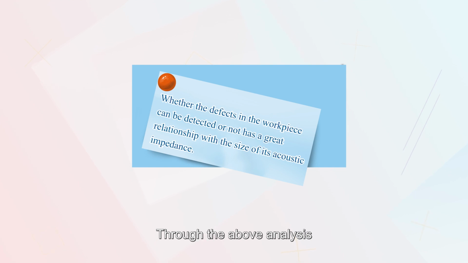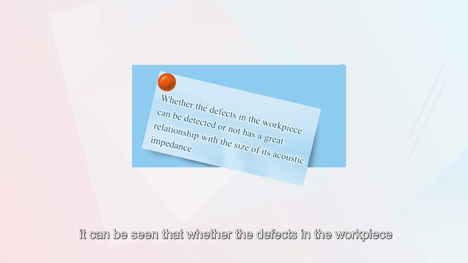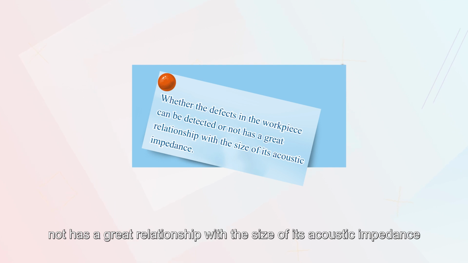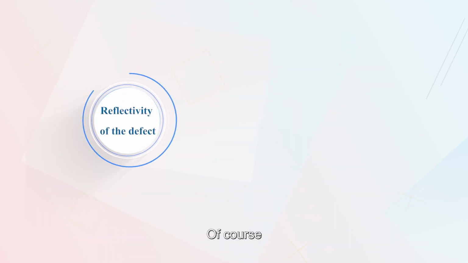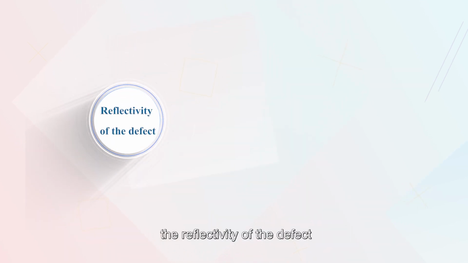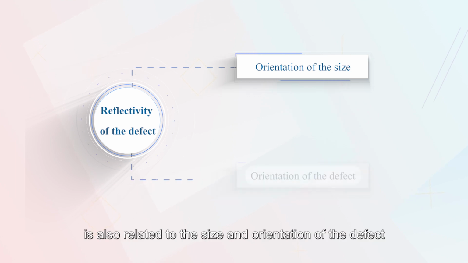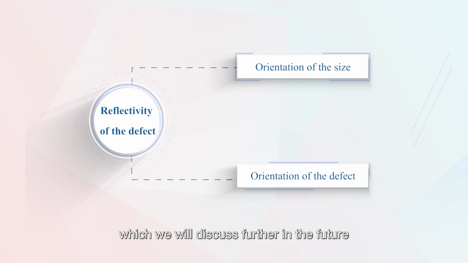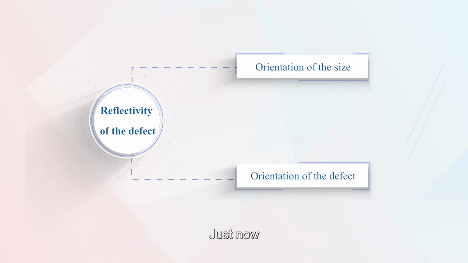Through the above analysis, it can be seen that whether the defects in the workpiece can be detected or not has a great relationship with the size of its acoustic impedance. Of course, the reflectivity of the defect is also related to the size and orientation of the defect, which we will discuss further in the future.